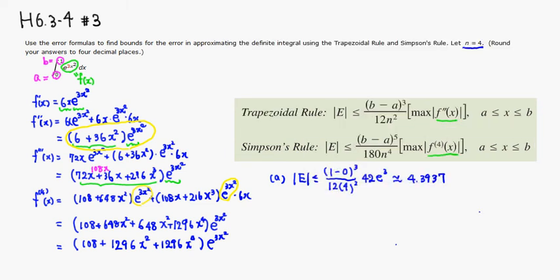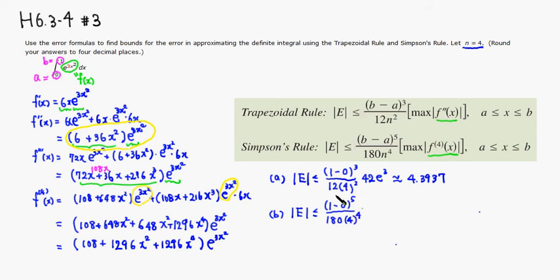And for Simpson's rule, we just do a similar thing. The error bound is going to be b is 1, a is 0, raised to the fifth, which is going to be 1 anyway, and then you have a 180, then n is 4, raised to the fourth power.